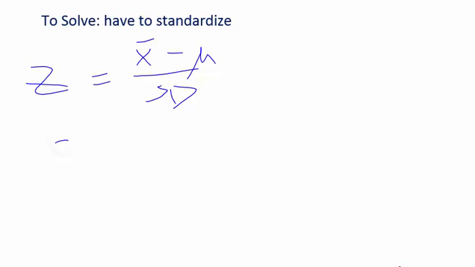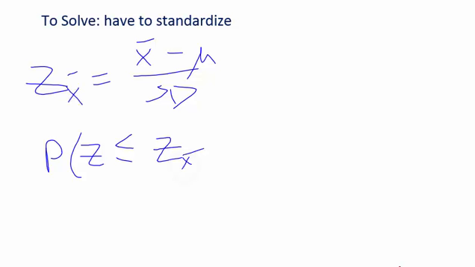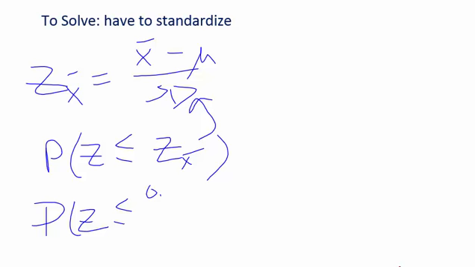So in our case, we get the probability of z being less than or equal to x bar, and so p is equal to the probability of z less than or equal to 0.75 minus 0.5, divided by 0.1118.